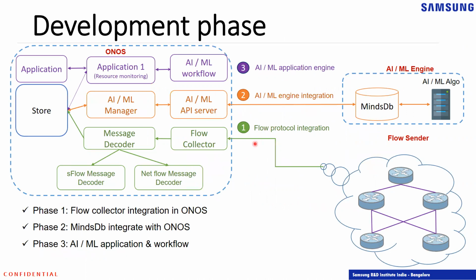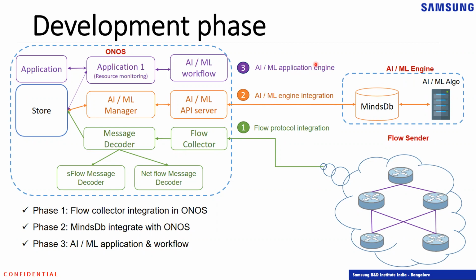So the first thing is flow protocol integration. That will be our initial phase, in which we will integrate the NetFlow collector tool, which will collect the data from switches and store it, like I explained in the previous slide. Our second phase will be integrating the ONOS applications with MainSTB, where MainSTB will further integrate with the AML frameworks.